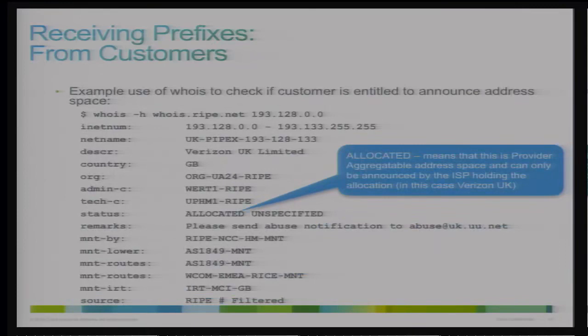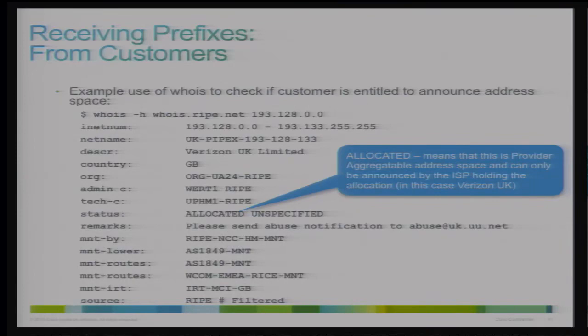In this particular case, it shows that it is actually allocated to a provider. So you don't want to accept it, because it doesn't belong to the customer; it belongs to a provider. This could happen by mistake.